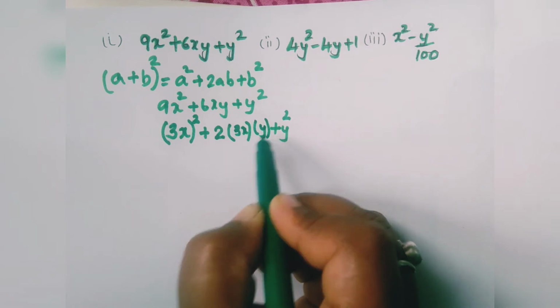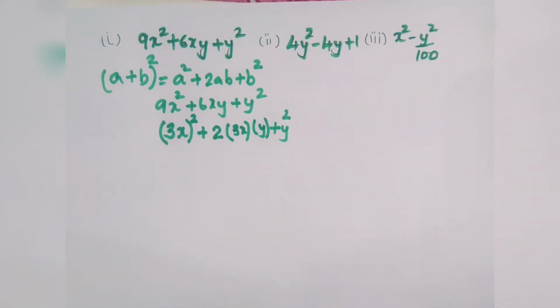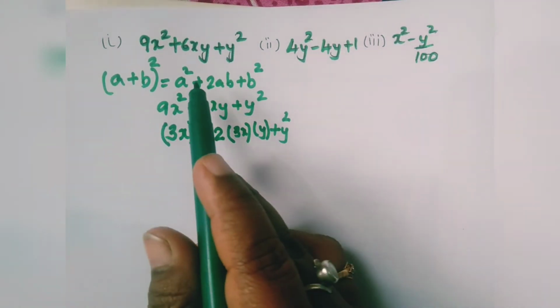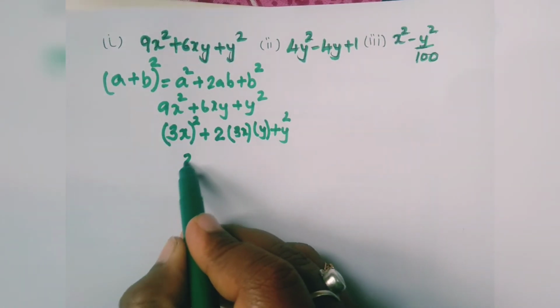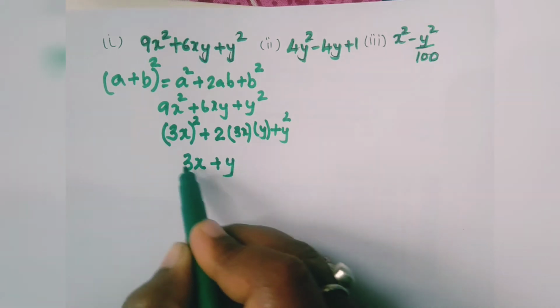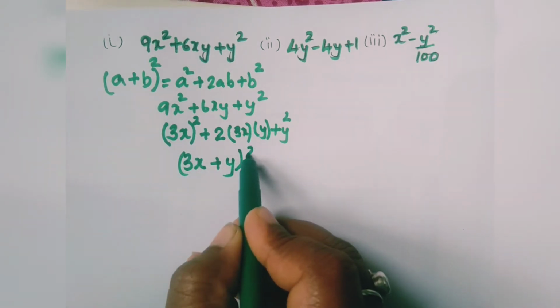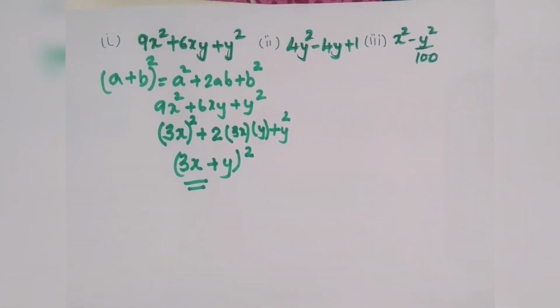B is y. So 2 into 3 is 6, 6 into x is 6xy, right? So now this satisfies this identity, so we can write this as a plus b whole square, where a is 3x, b is y. So 3x plus y whole square. This will be the factors of this expression.